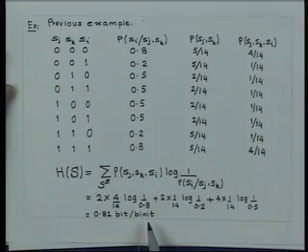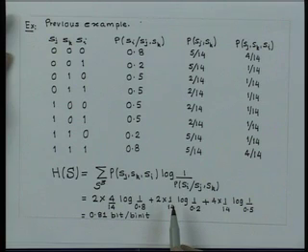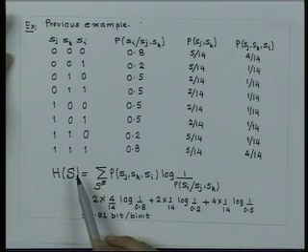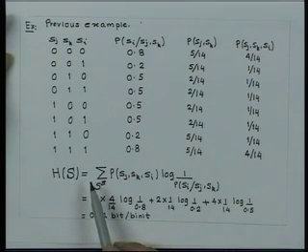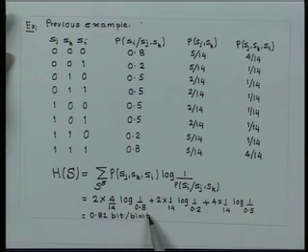So, if I have a second order Markov source, then the entropy of that source is given by 0.81 bit per minute. If this source was not a second order Markov source and it was a 0 memory source, then we have shown that when the probabilities of occurrence of the symbols 0 and 1 are equiprobable, then the entropy of that 0 memory source turned out to be 1 bit per minute.